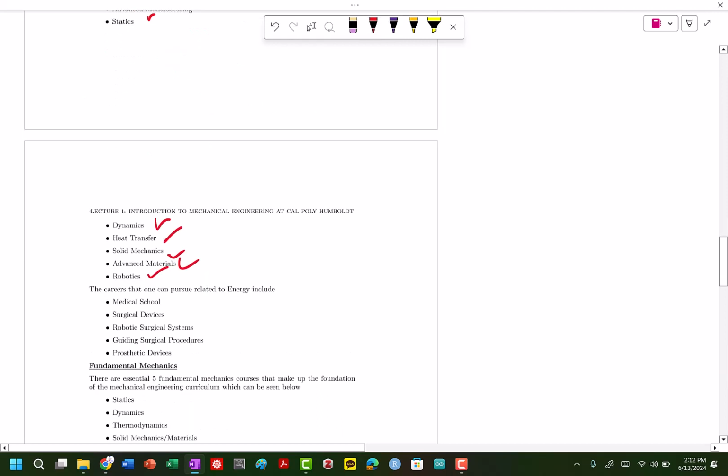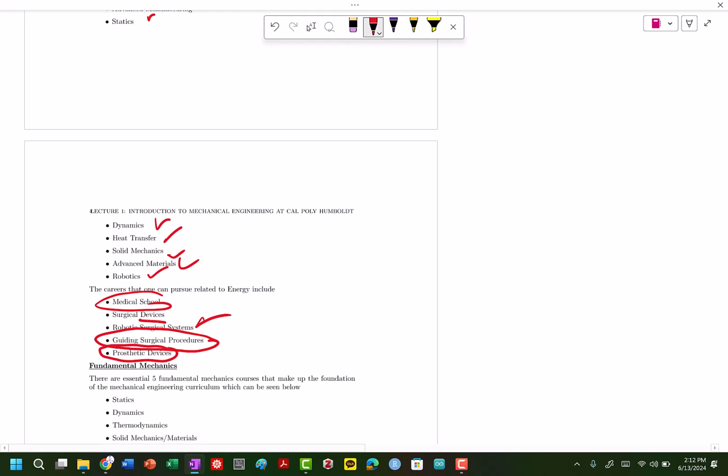And you can look at developing prosthetic devices, creating robotic surgical systems, integrating mechanical concepts into surgical procedures or devices. And if you really start to love biology a lot, you can go to medical school. We have lots of students that end up pursuing medical school from mechanical engineering. So that's really important as well.